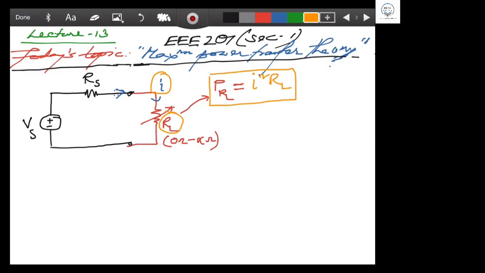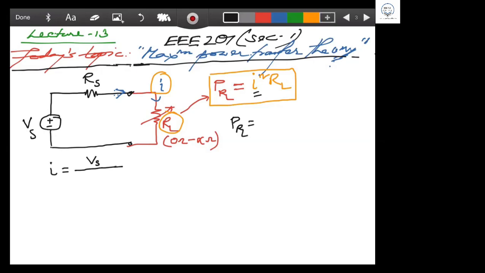Yes, sir. Straightforward. Now if I ask you, what is I equal to from this circuit? Very straightforward. I equals Vs divided by RS plus RL.